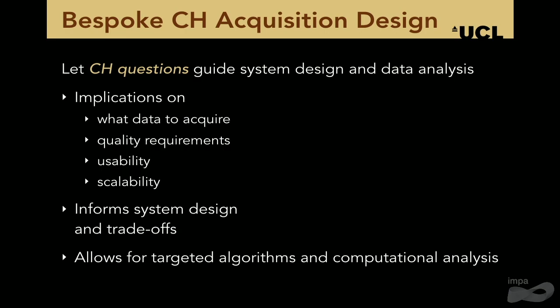If in turn you let cultural heritage questions guide this kind of system design, you immediately start getting implications on what data to exactly acquire, what the quality requirements are, which actually takes a fair bit of communication effort with the humanities. Because as engineers, we're used to knowing what it means if somebody tells me, okay, give me the error bars.